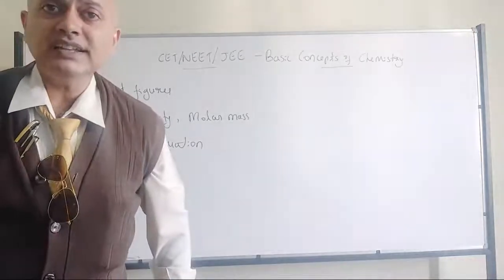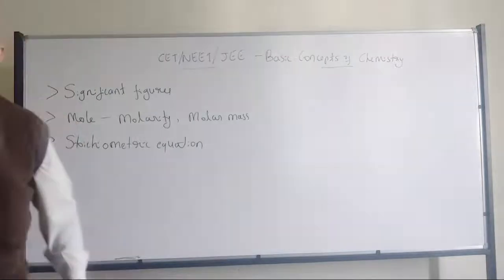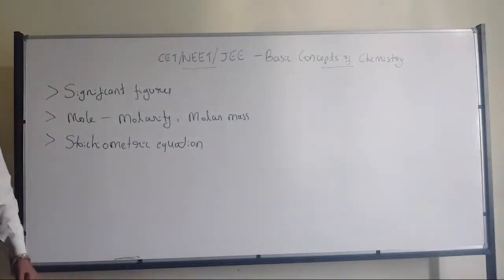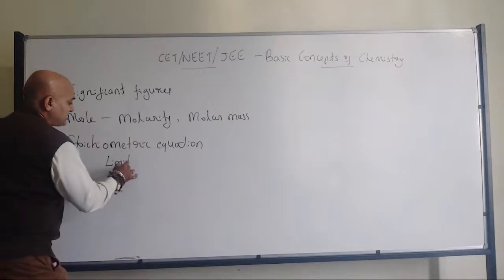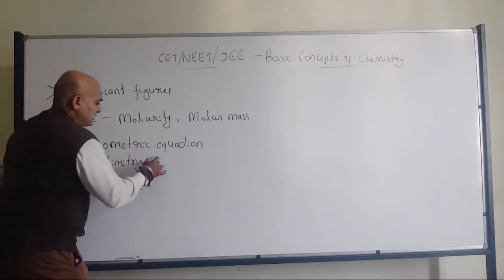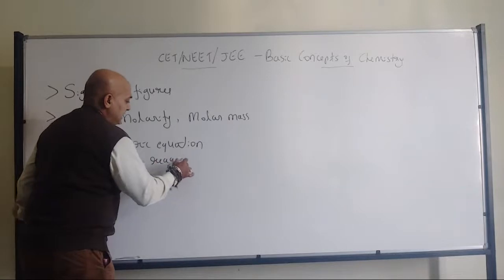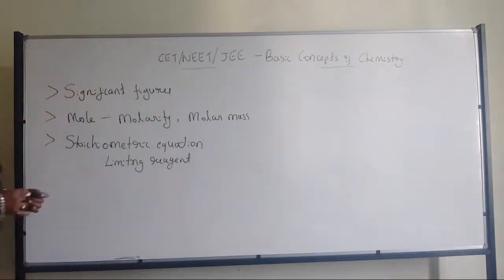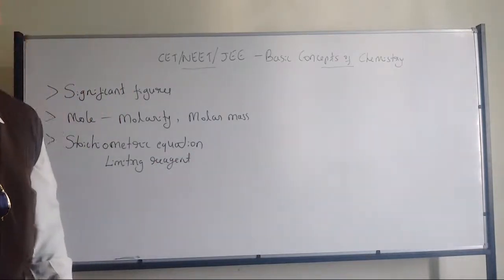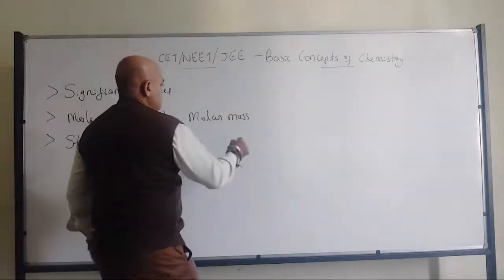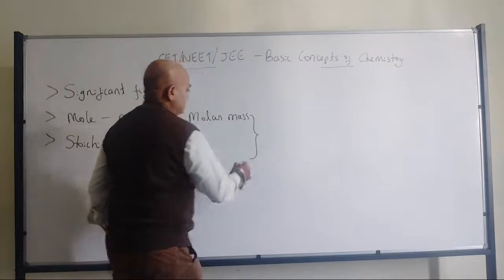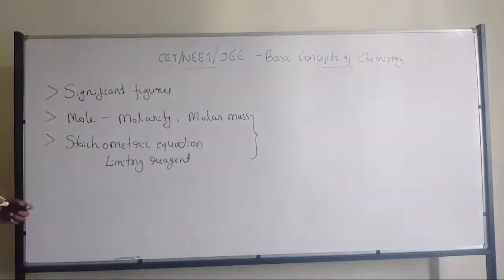Stoichiometric equations are nothing but a balanced chemical equation, right? So in that way we have the limiting reagent concept also, which comes under here. Even this concept will come under stoichiometric equations only. So when it comes to questions, it will be related to these two parts.